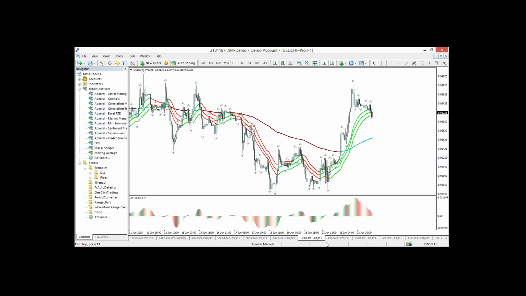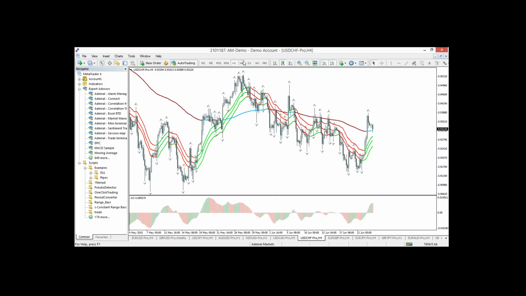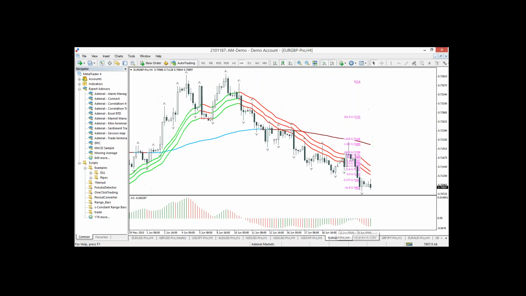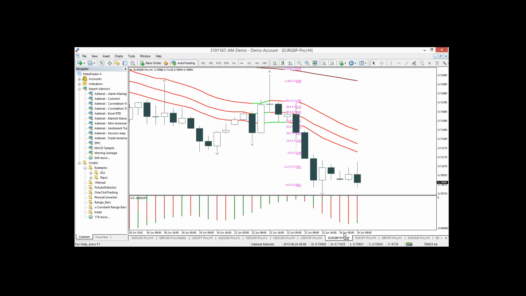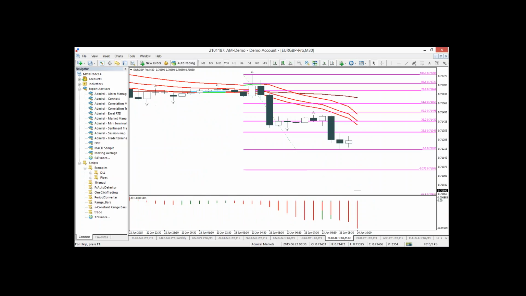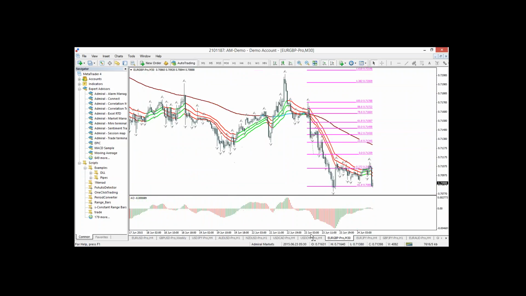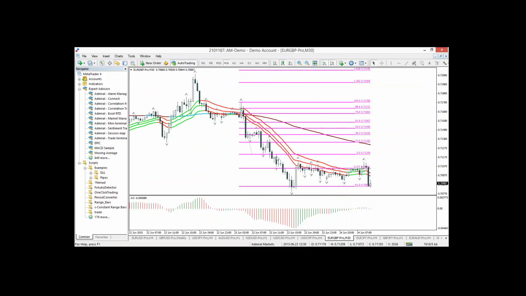Cat still looks choppy to me. I'm not that big a fan of this one. Euro pound did continue lower. I was talking yesterday about a pullback to the 61.8 fib. That unfortunately didn't happen. Let's see, I was looking for here or here. Neither happened, in fact.